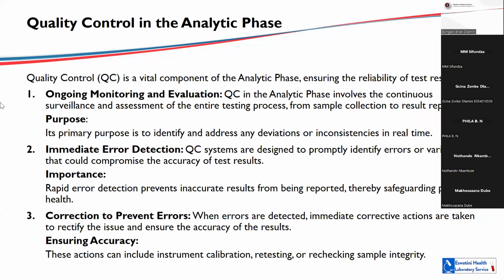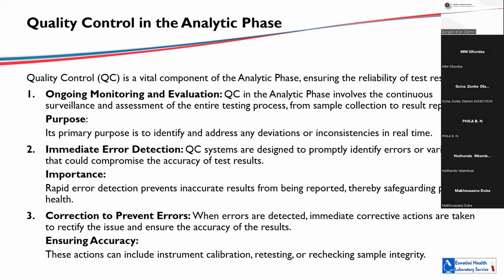Okay, quality control in the analytical phase. We say this is very important. We cannot ever emphasize this enough, so that we can ensure that our test results are reliable, so that doctors can rely on them. They shouldn't have doubt about whether the result is correct or not, and whether the result comes in the stipulated turnaround time. So there should be ongoing monitoring and evaluation.